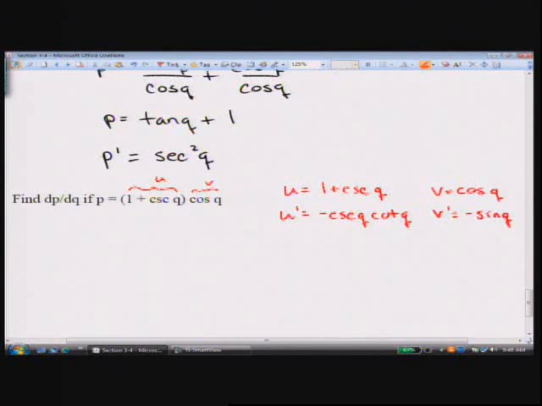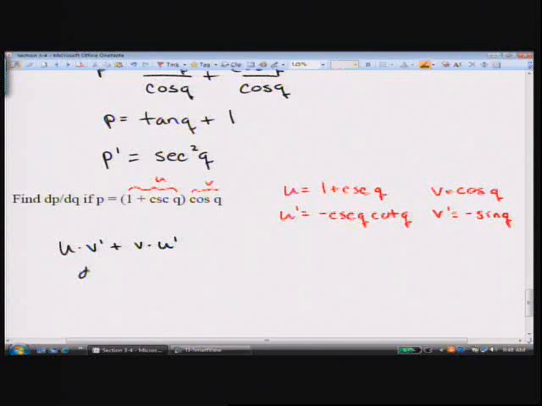Derivative of 1 is 0, right? Yes. Okay, you said derivative of 1 is 1. Yeah. Sorry. The derivative of 1 is 0, which is why I didn't write it. Okay. So what's our formula? It's u times v prime plus v times u prime.